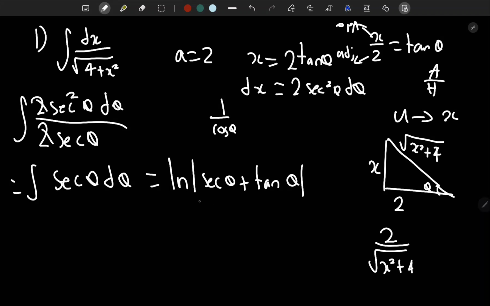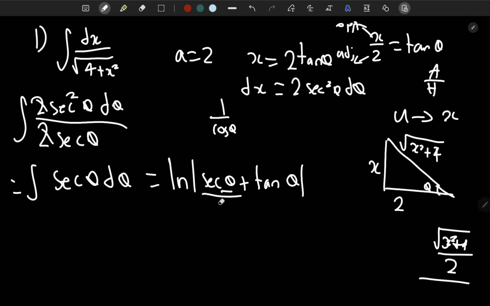And now since we want to find the secant, secant is just the reciprocal of cosine. So all we need to do is flip this. So it will become radical x squared plus 4 over 2. And that's it. So here we can replace secant delta in the entire thing with this part, since we know that secant delta is equal to this.